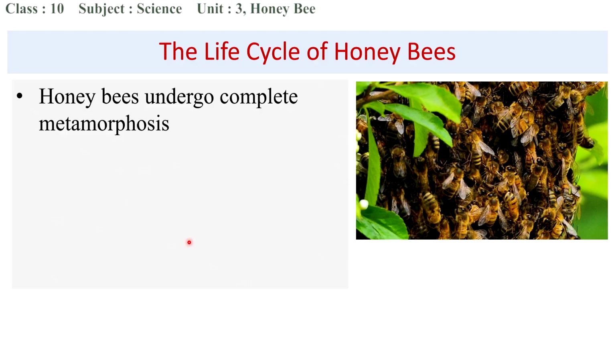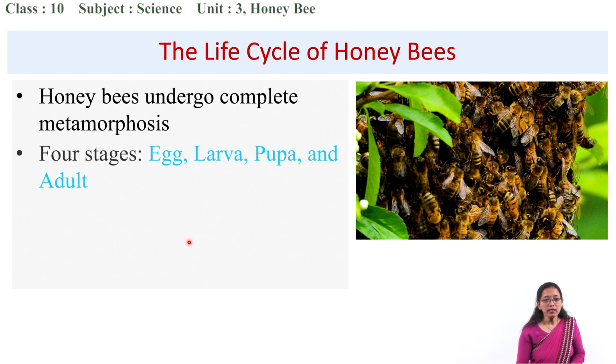Here, honeybee undergoes complete metamorphosis, and there are 4 stages. Complete metamorphosis means that the insect completes its life cycle by changing from egg, larva, pupa and adult. Egg changes to larva, larva changes to pupa and pupa changes into adult.